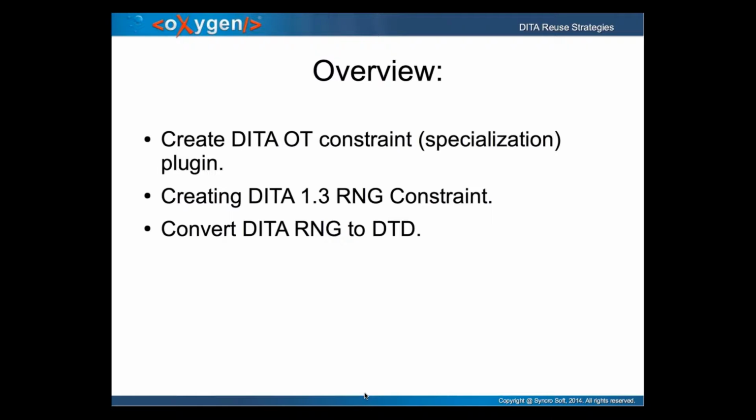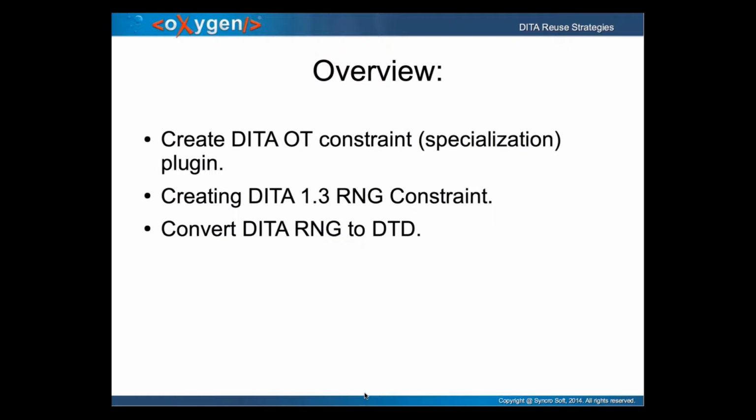As you all know, DITA has this particular side that it allows you to restrain or specialize its vocabulary. By this constraint, I mean that you can take that vocabulary and make it more restrictive: remove elements from the content model or disallow certain elements to occur in certain places.